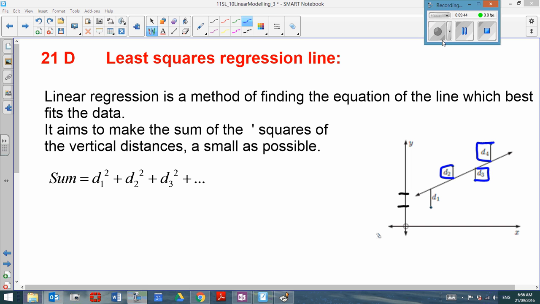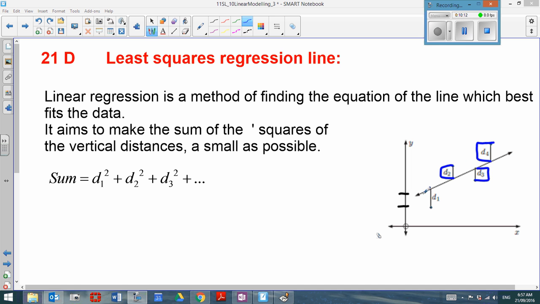So starting to get a little more accurate, as in 21C, when we are trying to find a line of best fit by hand, we're just using an average point and kind of eyeballing the line. When we use least squares regression, we're going to start to use technology to force the line to be as accurate as possible. We're looking at the squared distances or deviations for each point away from that middle line.